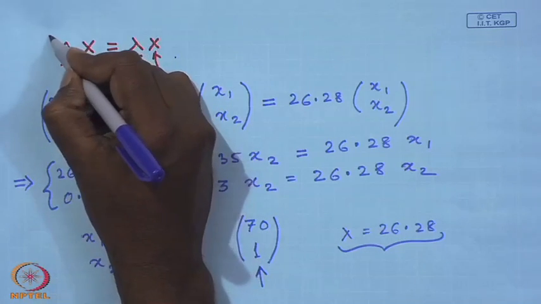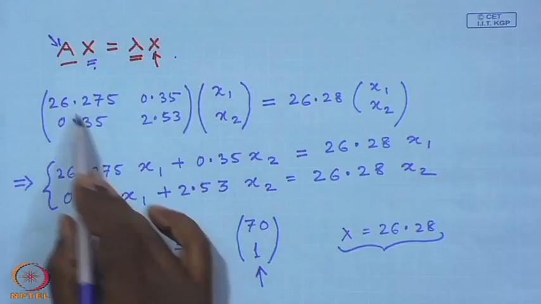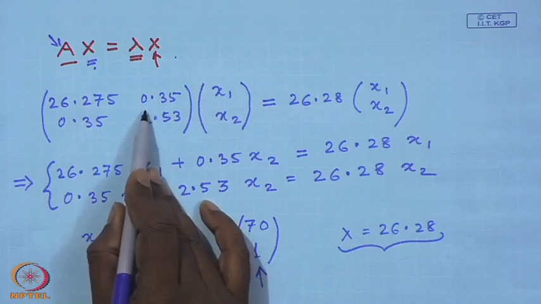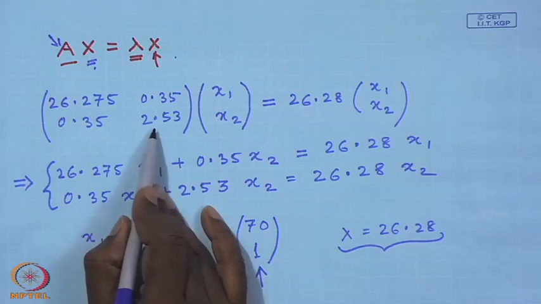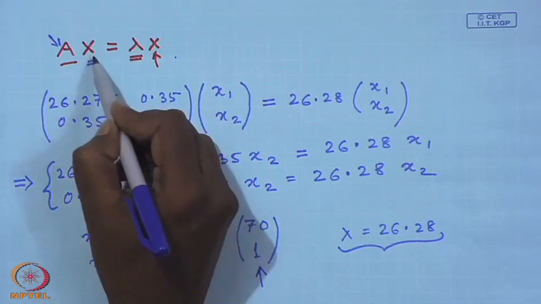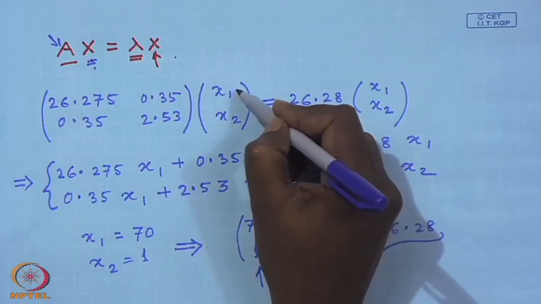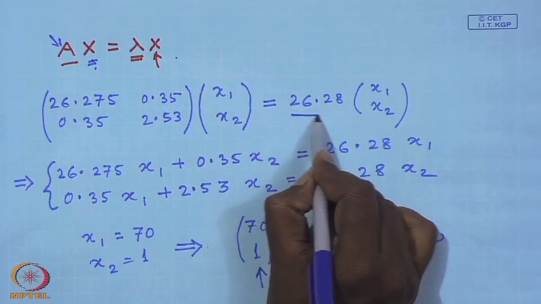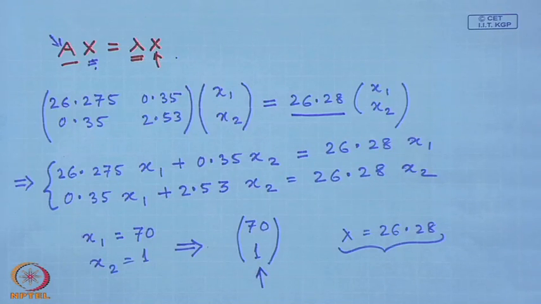In our case, this matrix A is the covariance matrix, which is this, right, 26.275, 0.35, 0.35, 2.53, and this eigenvector x is x 1, x 2, which will be equal to. So, I took the maximum eigenvalue, which is 26.28.